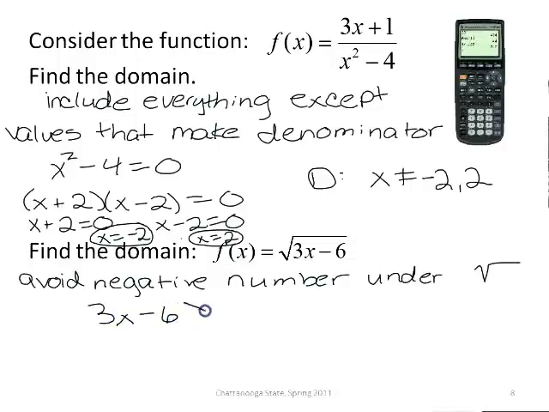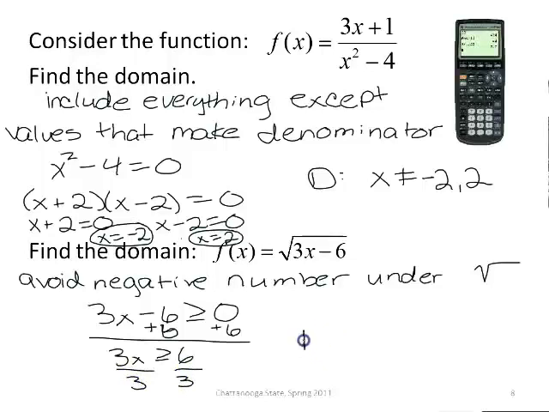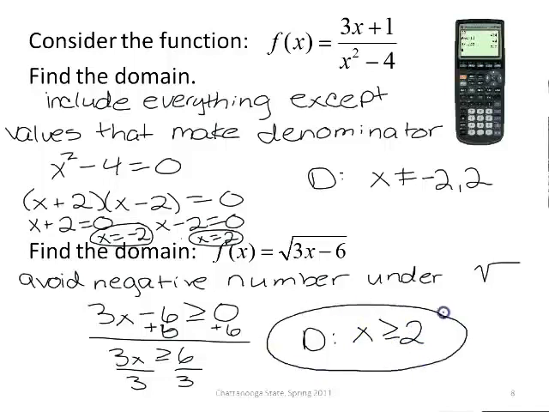So we're going to take whatever's under the radical and set it greater than or equal to 0. So then we solve that. So we'll add 6 to both sides. 3x is greater than or equal to 6. Then divide by 3 to get, for our domain here, x is greater than or equal to 2.